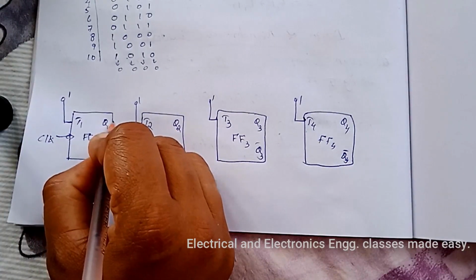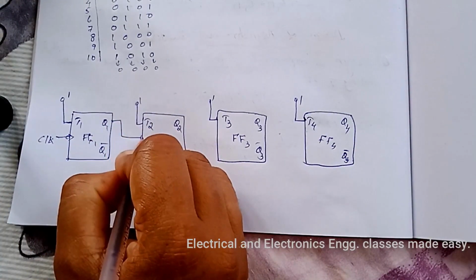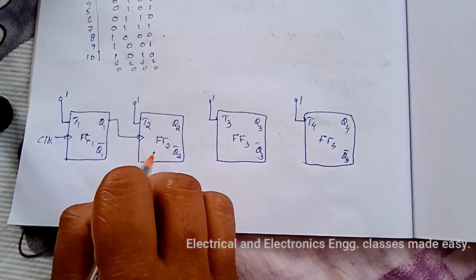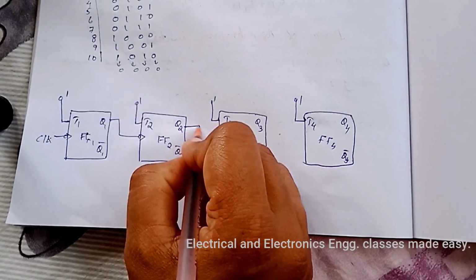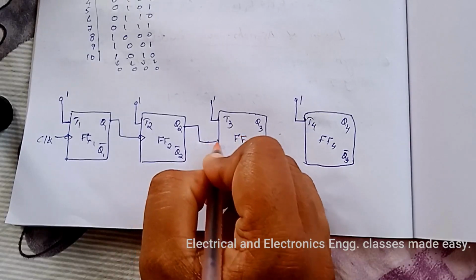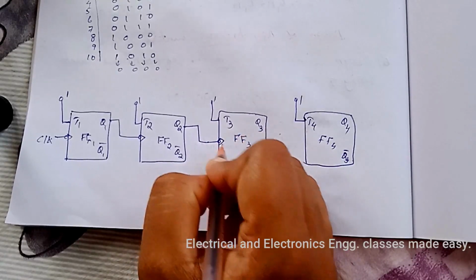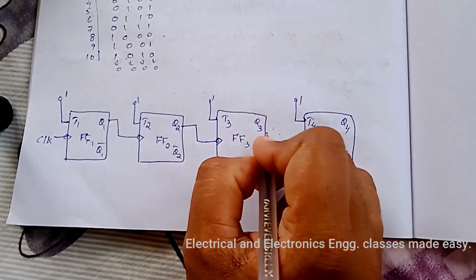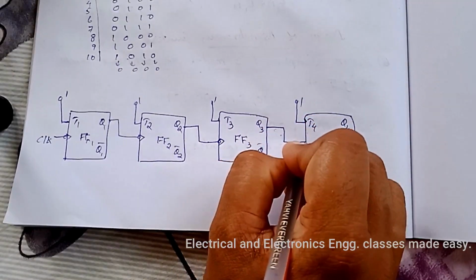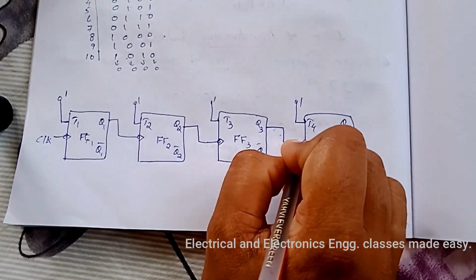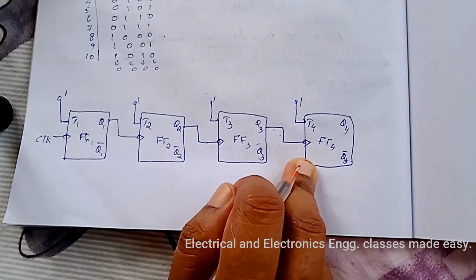The Q1 output of the first flip-flop is given to the clock input of the second flip-flop. Then Q2 output of the second flip-flop is given to the clock input of the third flip-flop. Q3 output of the third flip-flop is given to the clock input of the fourth flip-flop.